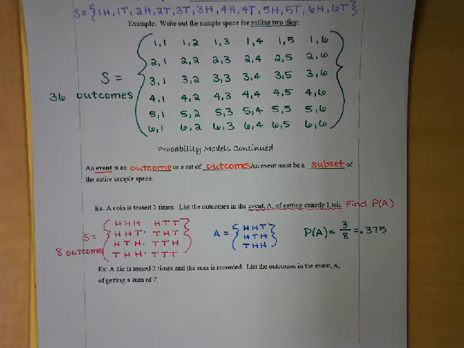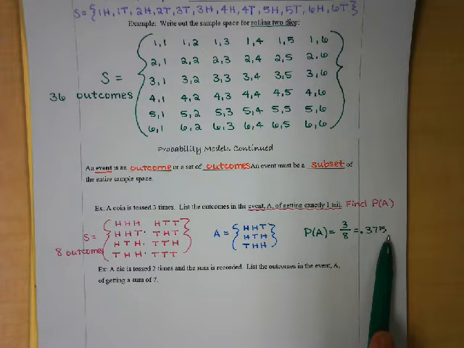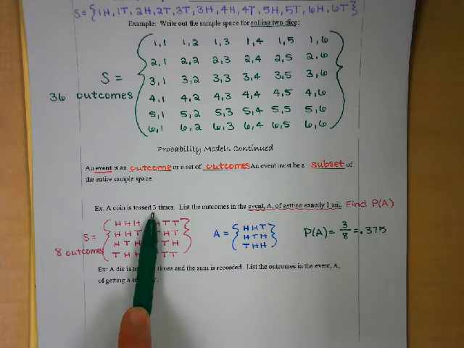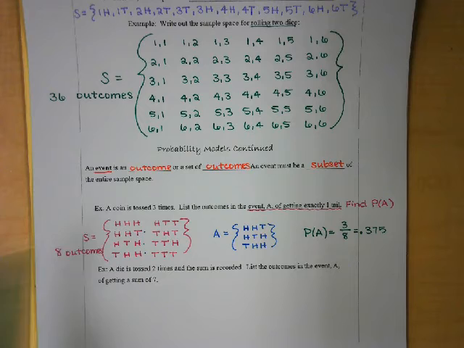And so if we were to put into words what that means, 0.375 is 37.5%. So 37.5% of the times that I throw a coin 3 times in a row, I'm going to get exactly one tail.